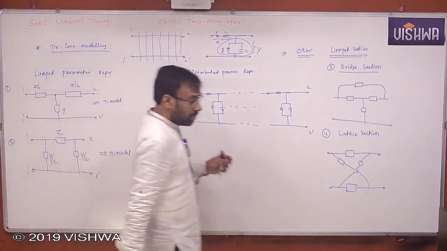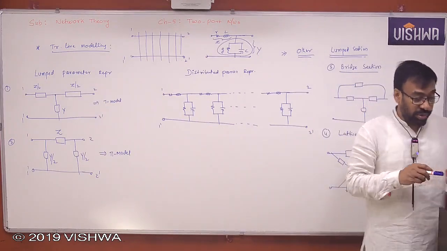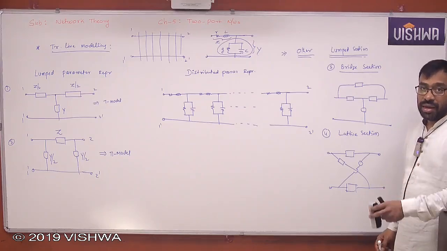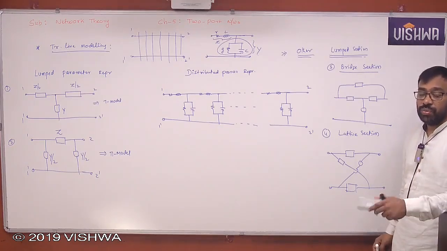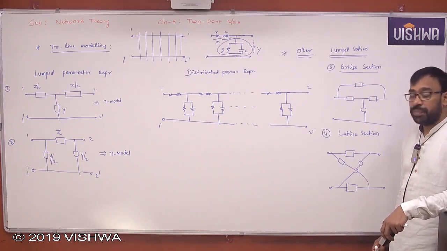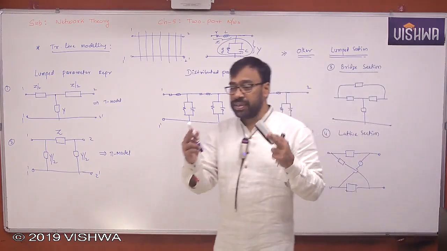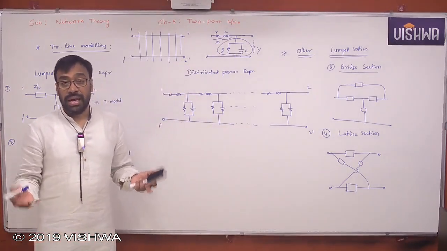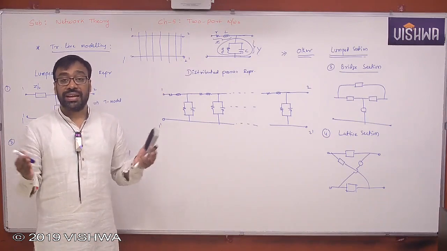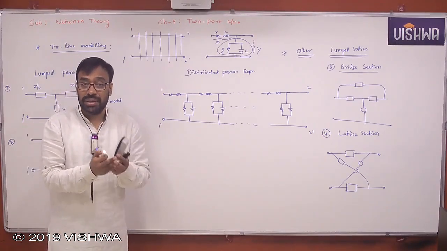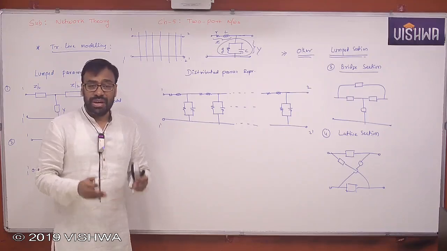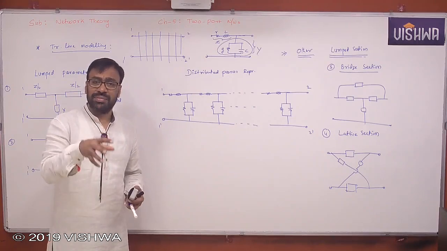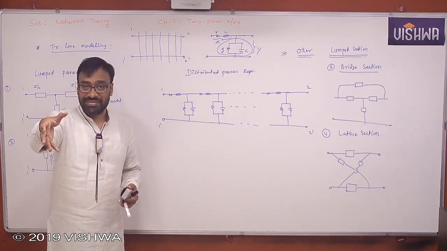So this is how you understand the two-port network or n-port network, how we design or model a two-port network and how we go for two-port network analysis. The advantage of two-port or n-port network analysis is that the entire physical system is replaced by simply a black box. The black box is characterized by certain parameters like Z parameters, Y parameters, ABCD and so on. Once you model and replace it by a black box, you can embed this black box wherever you want.